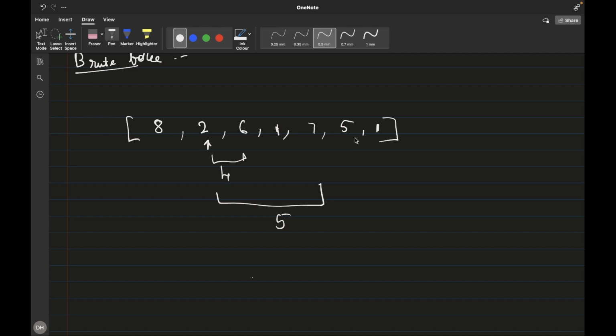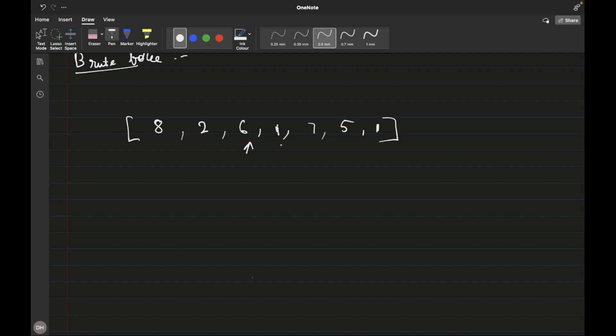On day 6, we are selling it for 5 rupees. That's lesser than what we could have done, so we are not going to update our maximum. And then on the last day for 1 rupee, which is a loss, so we are not going to do that. On day 2, we'll buy it for 6 rupees.